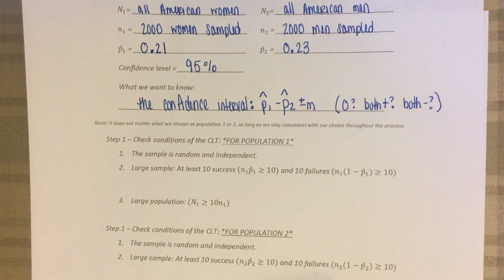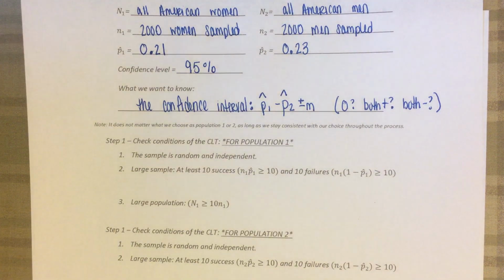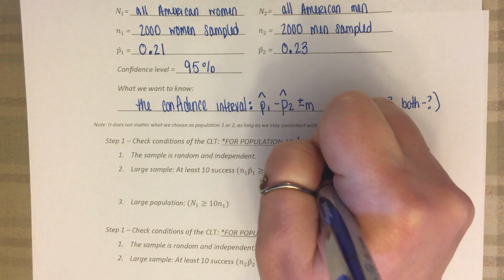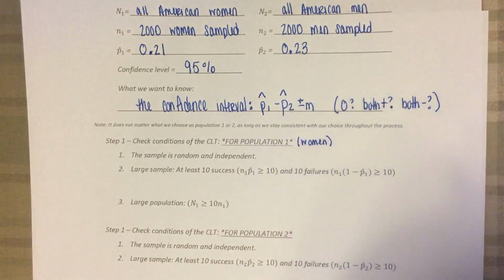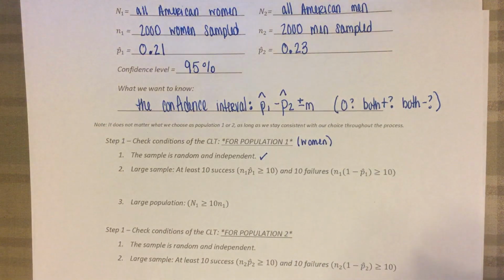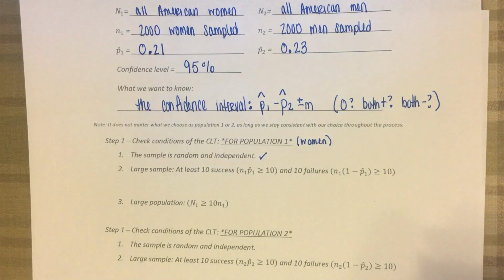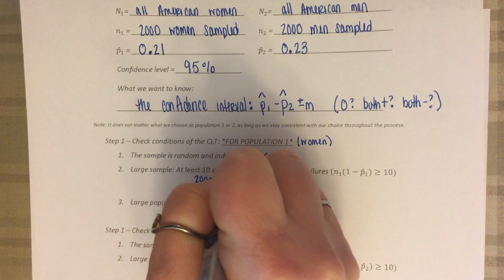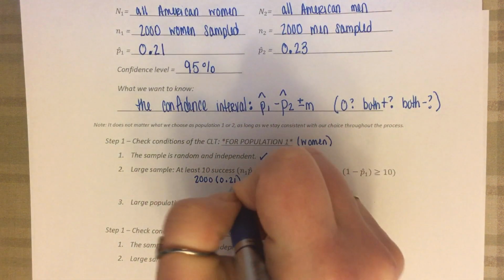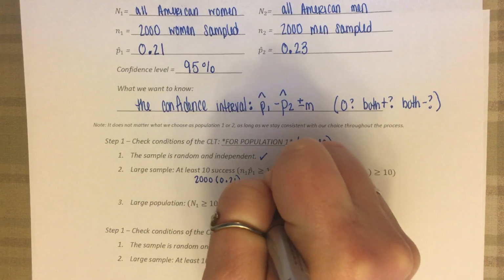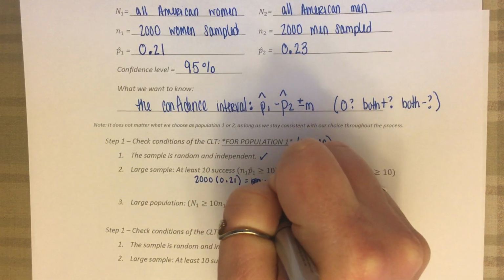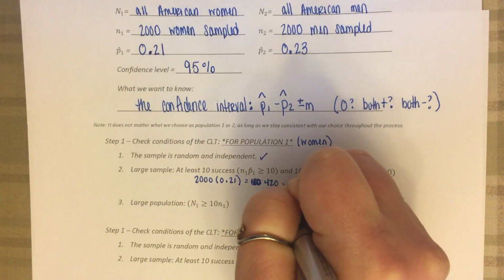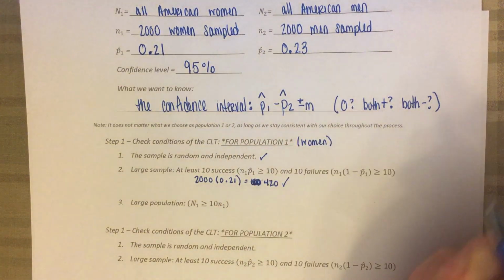Before we do that, we do want to check our conditions. Population 1, we assigned as the population of all American women. The sample is random and independent. We are going to assume that that is true. Our number of successes, N1 times P1 hat: 2,000 times 0.21 gives us 420, and 420 is larger than 10.